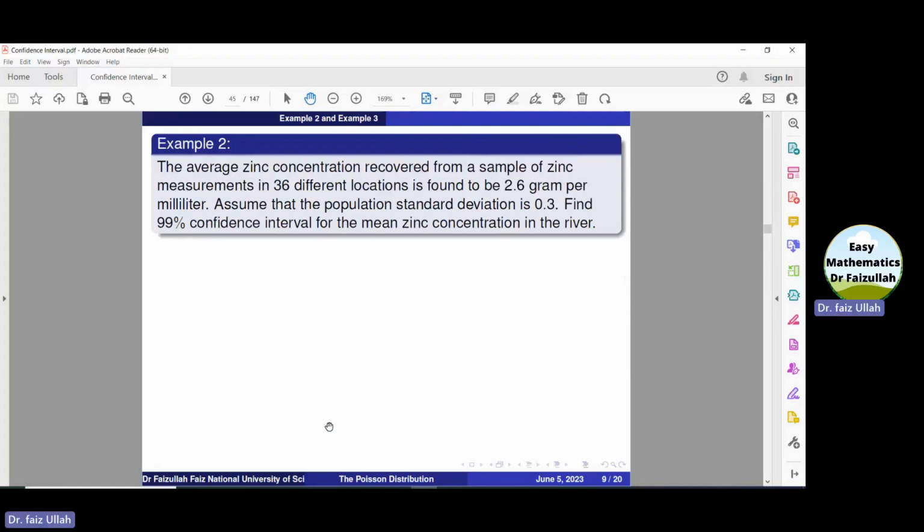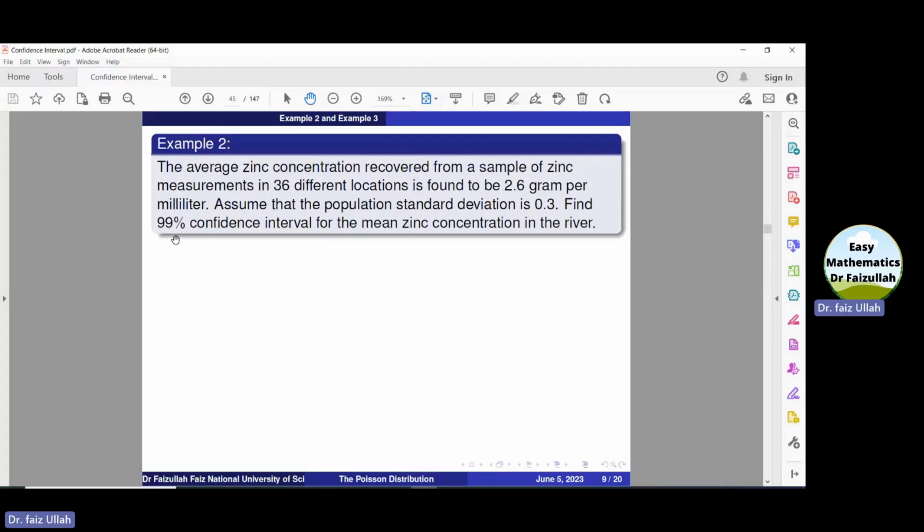Let us solve this example. The average zinc concentration recovered from a sample of zinc measurements in 36 different locations is found to be 2.6 gram per milliliter. Assume that the population standard deviation is 0.3.